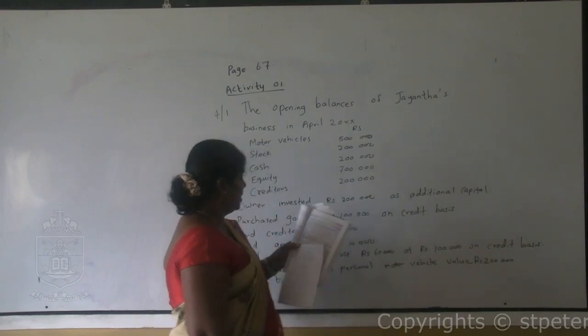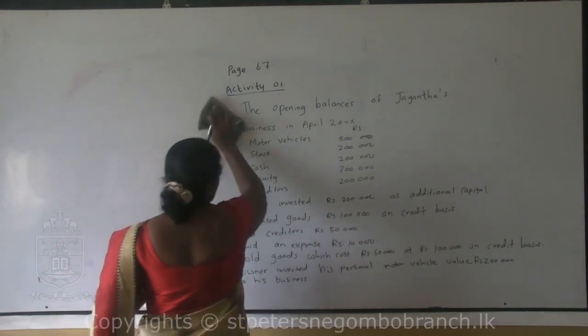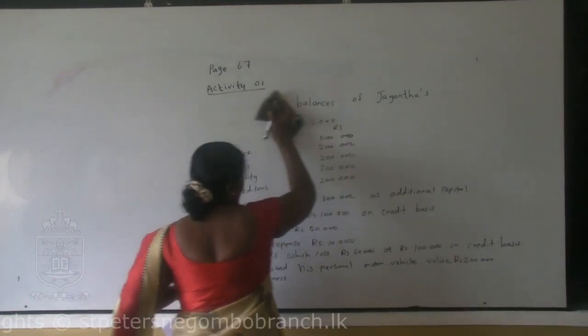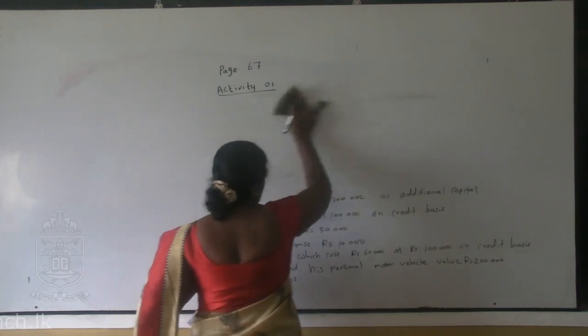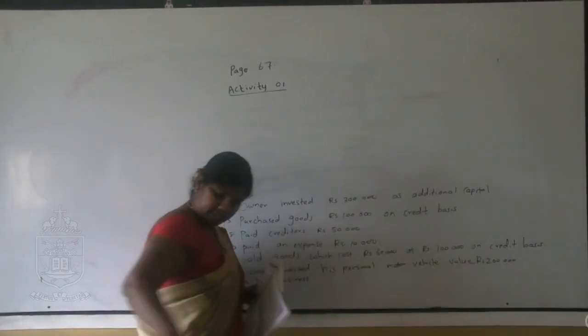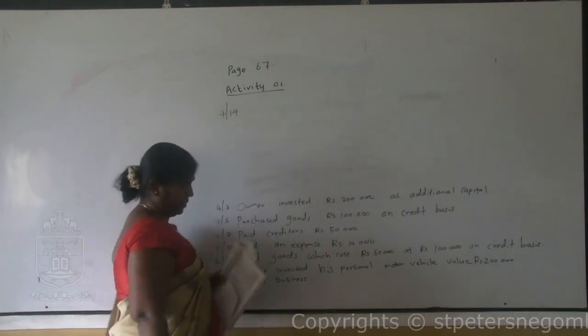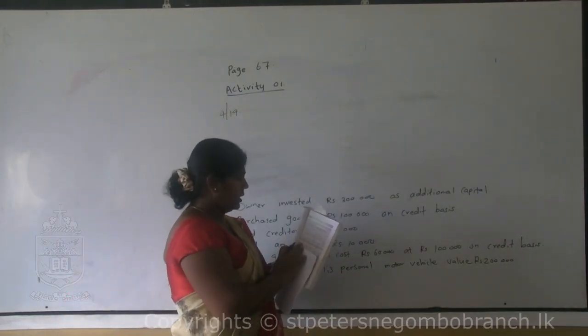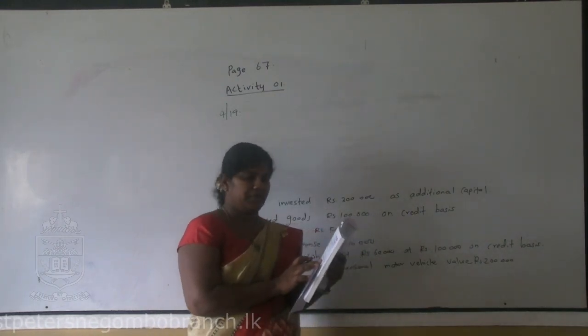Next transaction, 19th of April. So I continue the sum according to this way. 19th of April. Here stocks decrease, equity decrease.